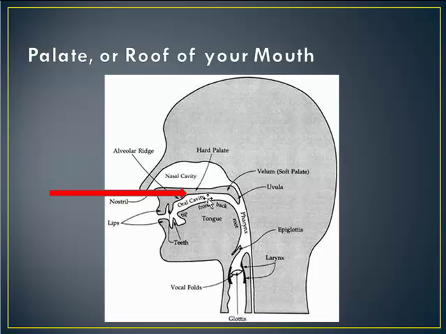If air gets stopped at the palate or the roof of your mouth, such as in the word yes or yellow, there's that Y again, acting as a consonant this time. We call that a palatal consonant.